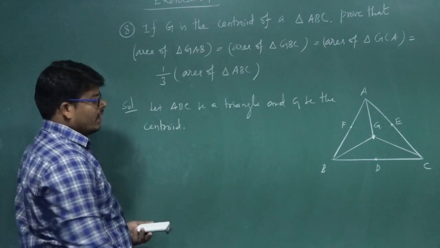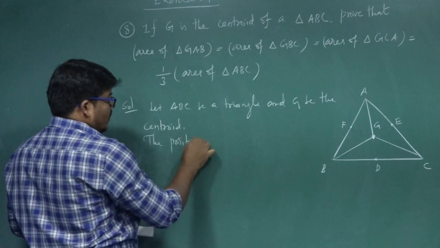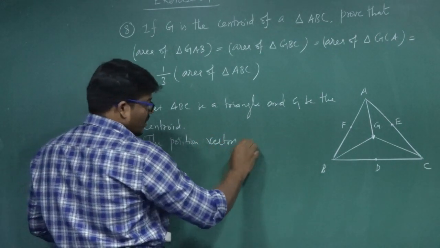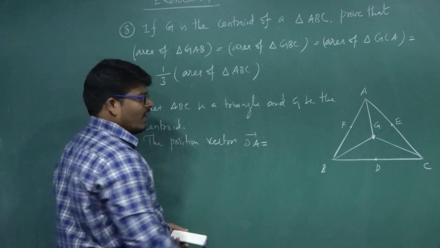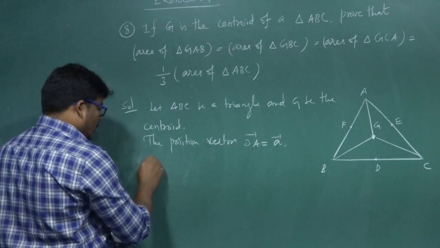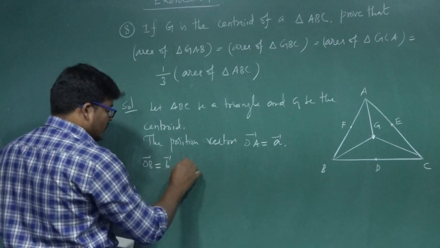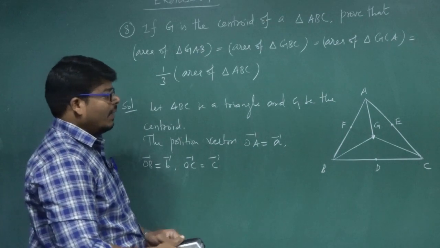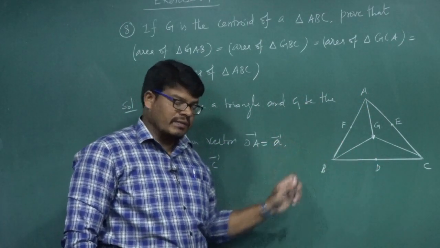The position vectors of A, B, C are: OA vector equals small a vector, OB vector equals small b vector, and OC vector equals small c vector.